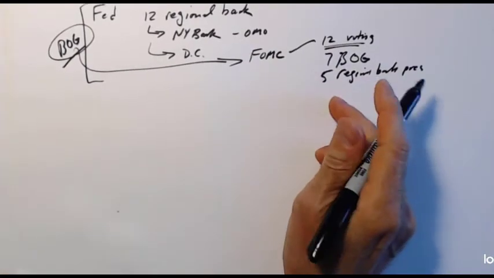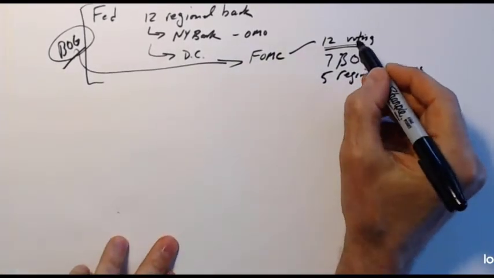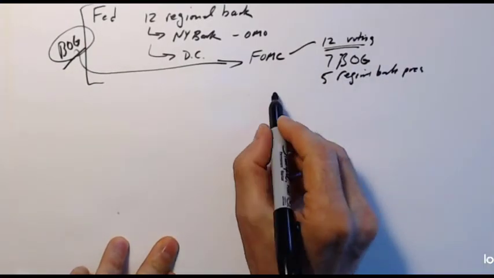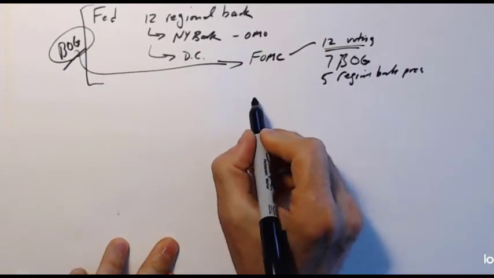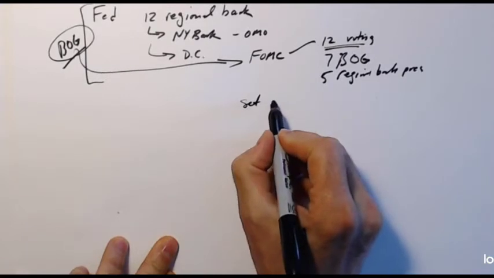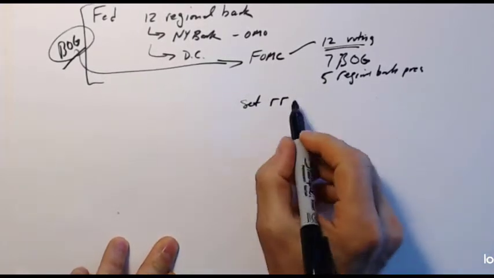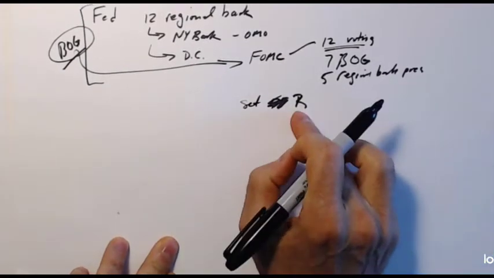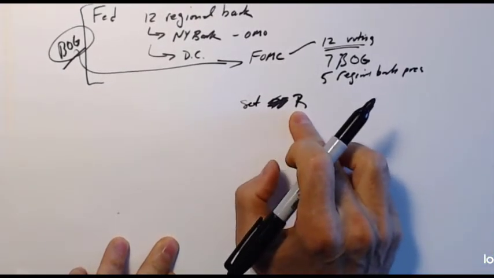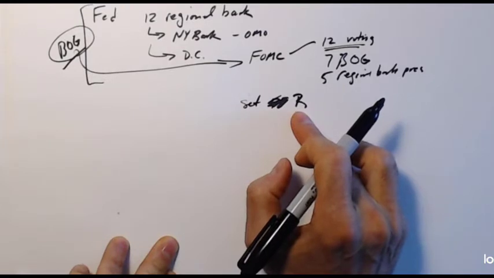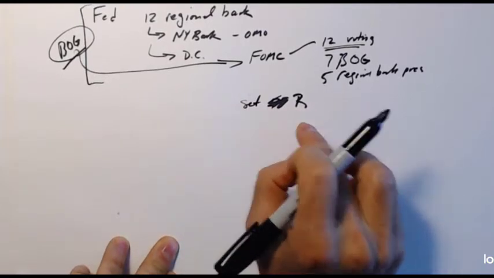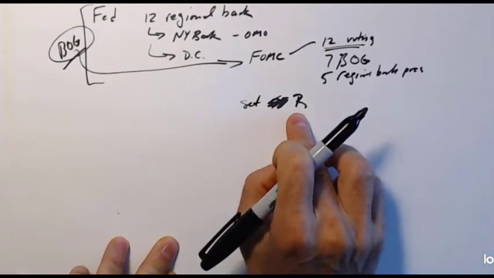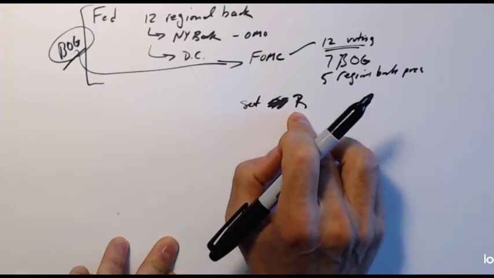This committee is, like I said, one of the most powerful committees in the world, and it sets reserve requirements. I'll call it RR, but I think your textbook uses a capital R. Reserve requirements are the 10% that I was talking about: if you deposit $10, the bank has to keep $1 on reserve at the bank or at the Federal Reserve.